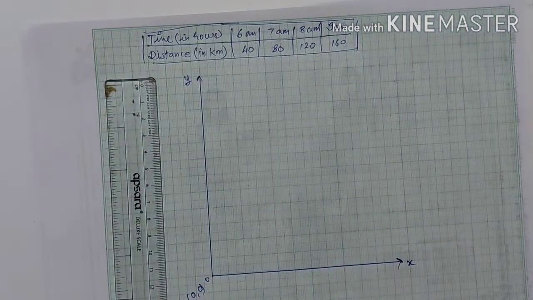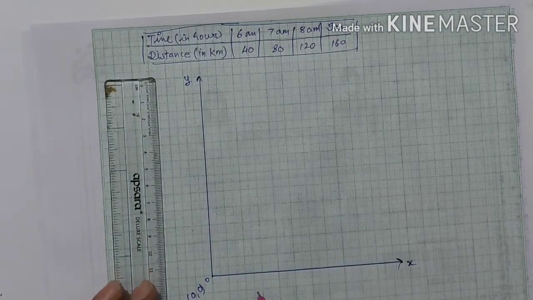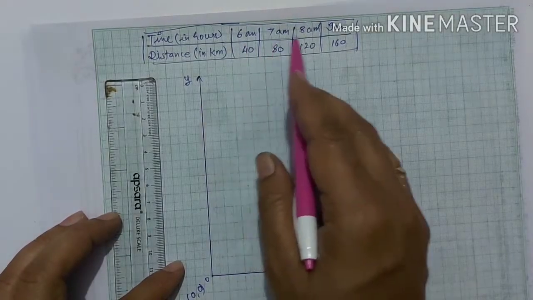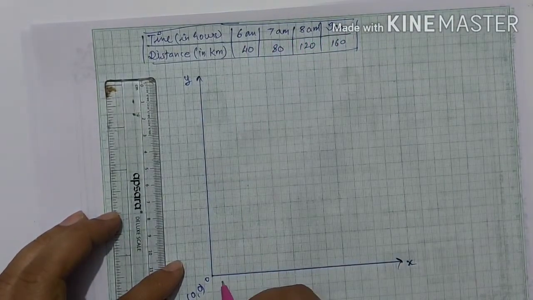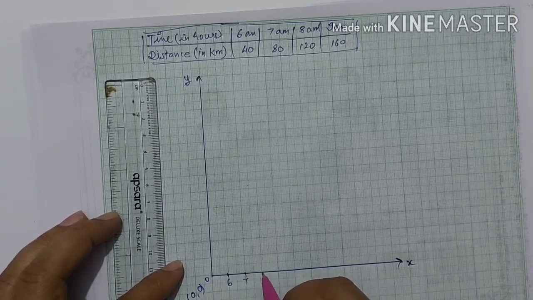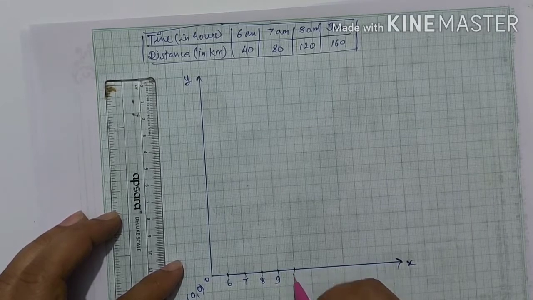It is called the origin point. Now 6, 7, 8, 9 and 10.